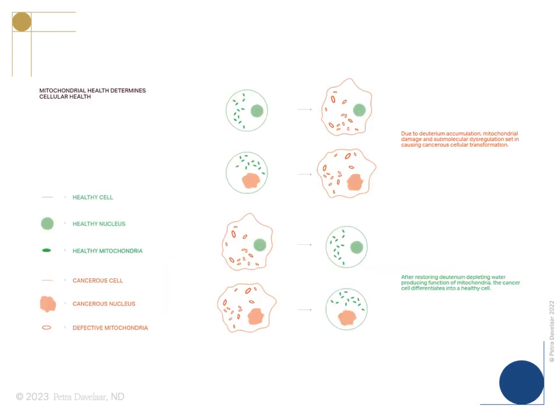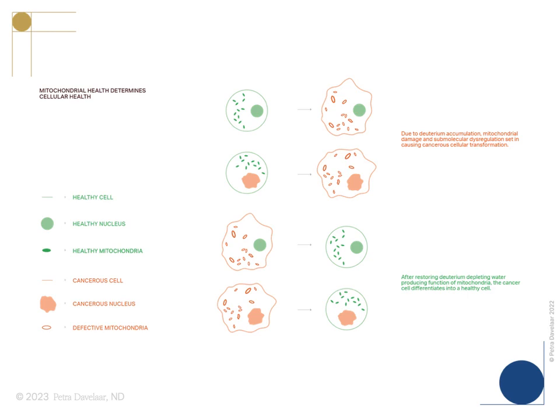The figure illustrates beautifully how, due to deuterium accumulation, mitochondria become enlarged, misshapen, and lose their cristae. This is when submolecular dysregulation sets in, causing cancerous transformation, regardless of the status of the nucleus.